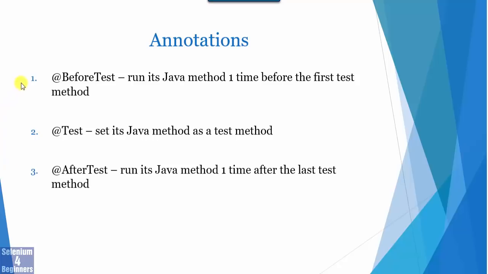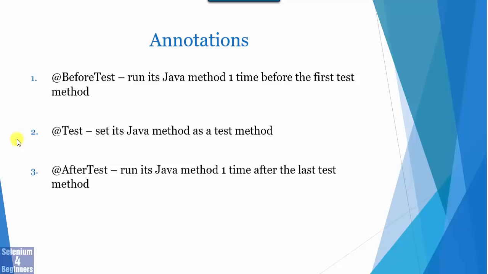@BeforeTest runs its Java method one time before the first test method. If there's only one test method, then the Java method will run once before the test method. @Test sets its Java method as a test method.